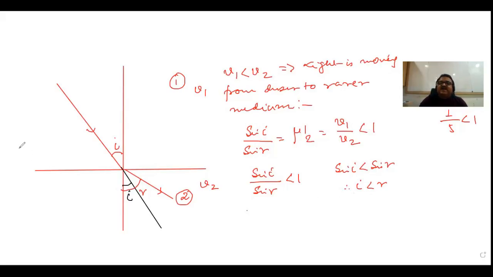Now, if the light falls normally, what will happen? Say for example, now light is falling normally on the surface of separation.